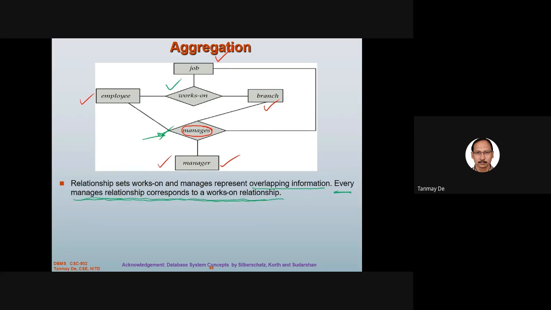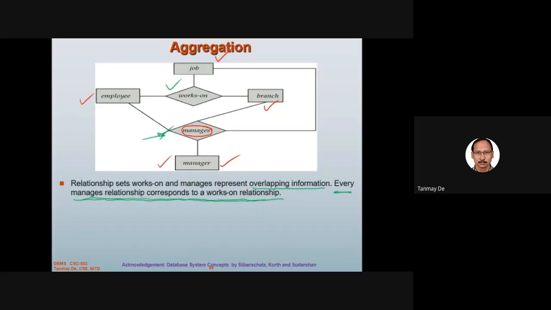But does every work on relationship correspond to a manager? No. Some employees are not managers in any job. They can simply do some job or have some responsibility in a particular branch.